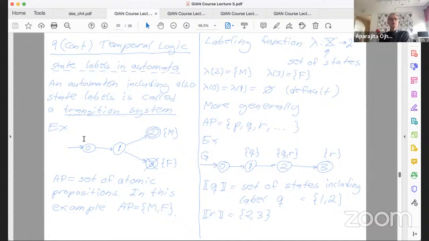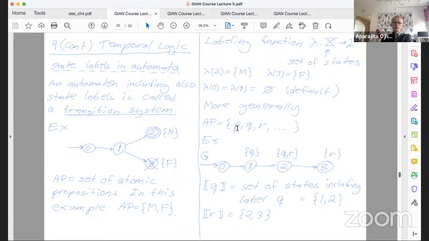And here, just to show that ordinary automata also have state labels, but they are of a very specific type, namely either a marked state or a forbidden state. But there could also be more generally other types of specifications.